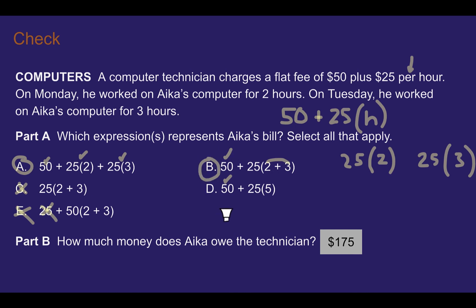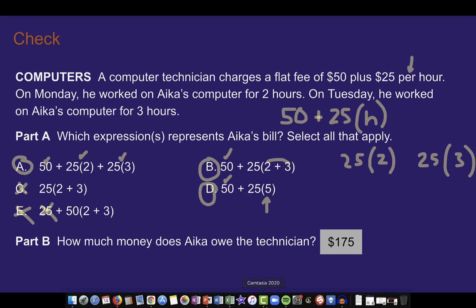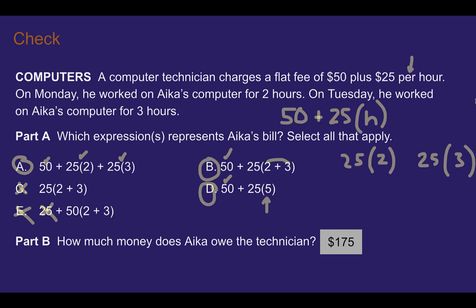B also works. If they just combine 2 and 3 together, they get 5. So the technician worked 5 hours at $25 per hour. D also works. Then if we calculate out any of those, we can see the technician is owed $175.